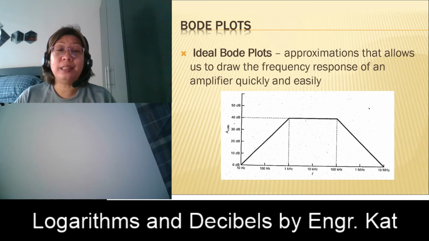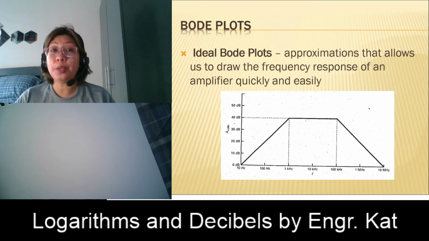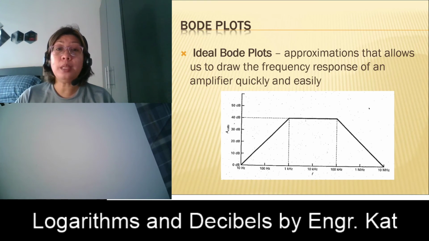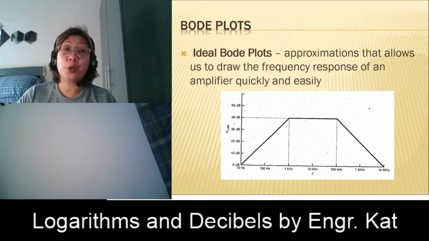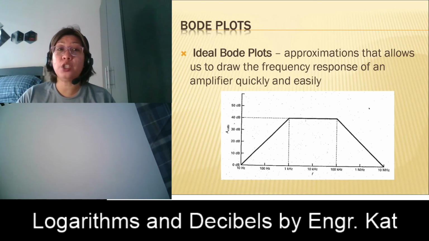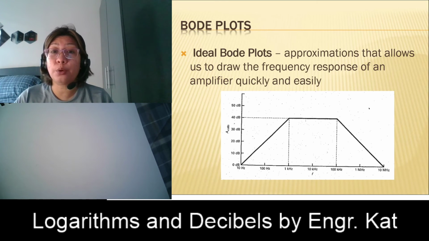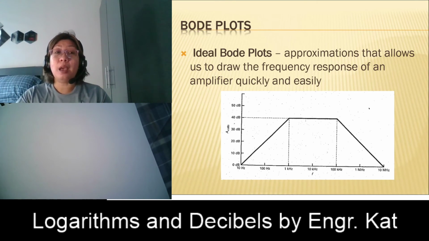And what are the cutoff frequencies for this? That is 1 kilohertz and 100 kilohertz. Between them, your gain is 40 dB, as long as your signal is within the 1 kilohertz to 100 kilohertz. So that is your ideal Bode plot.